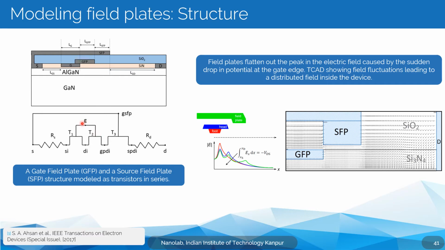Again, this is user defined. You can connect it to either the gate or the source. It's your choice, but in this example, we're connecting it to the gate. Then there's another field plate, a source field plate, which is connected to the source. Then you have these access region resistances, which we defined earlier in the ASM-HEMT model. But now instead of connecting to the intrinsic transistor, they connect to the last stage field plate transistor.